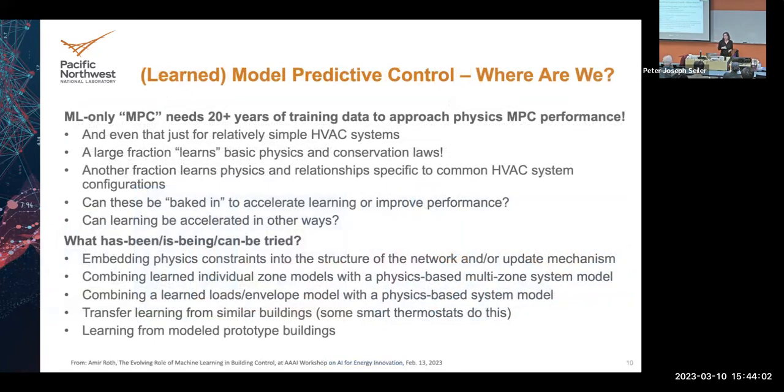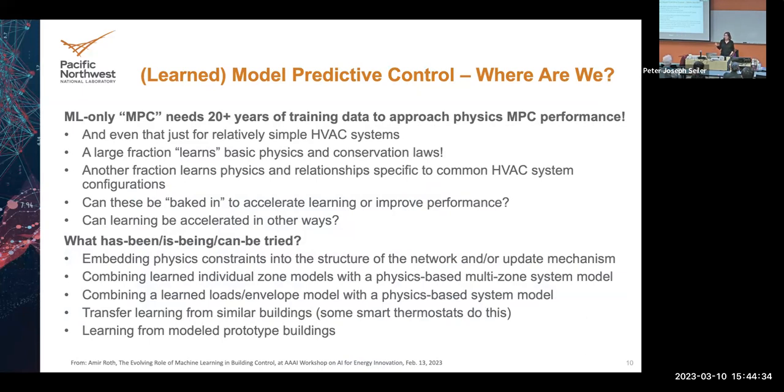So how can we introduce learning in model predictive control? This is one perspective. This is a slide I stole from a DOE program manager's slide deck. The perspective emphasizes that if you purely transition MPC to a learning-based approach and you're trying to learn the model, you still need a lot of data to train these models.